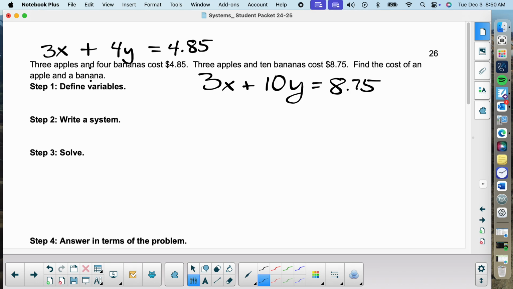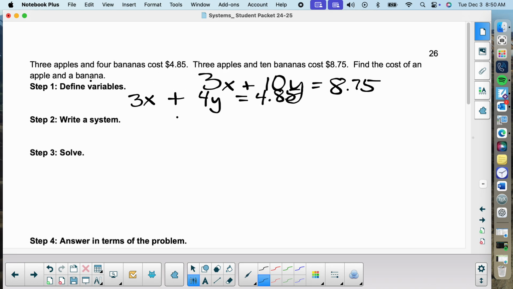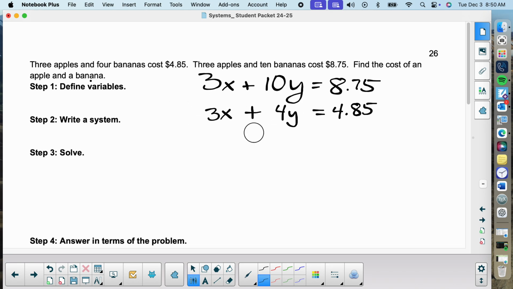Okay, so we've got 2 different equations. So 3x plus 10y equals 875, and then I will take the other equation and put it with it. Table 8.